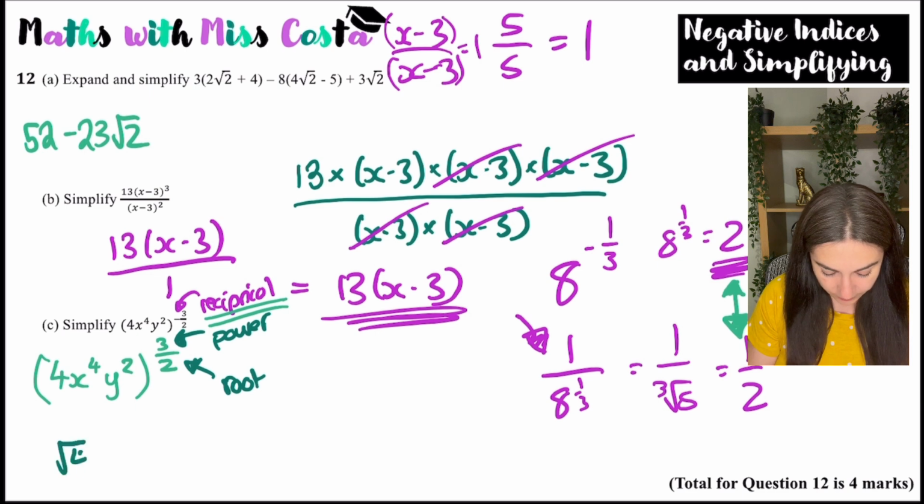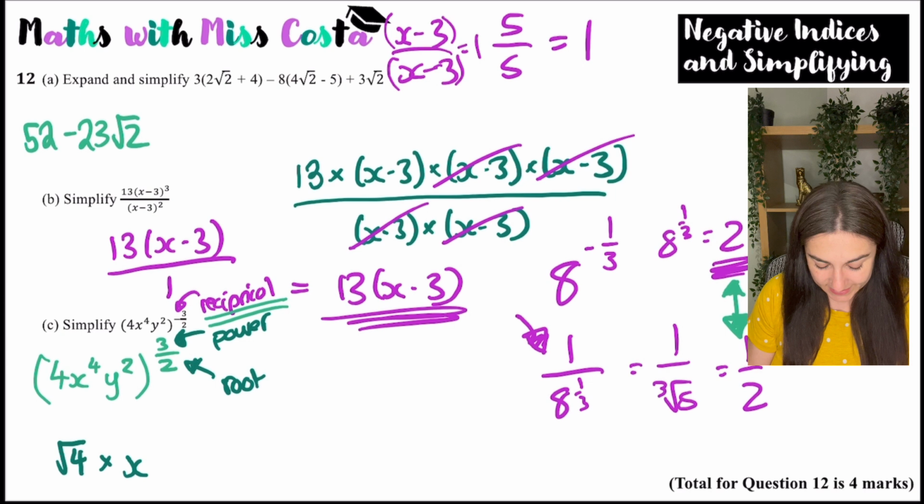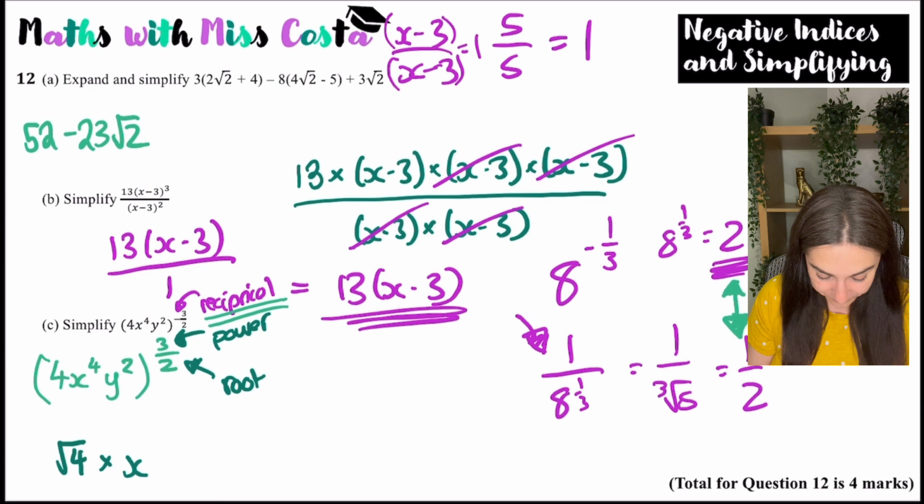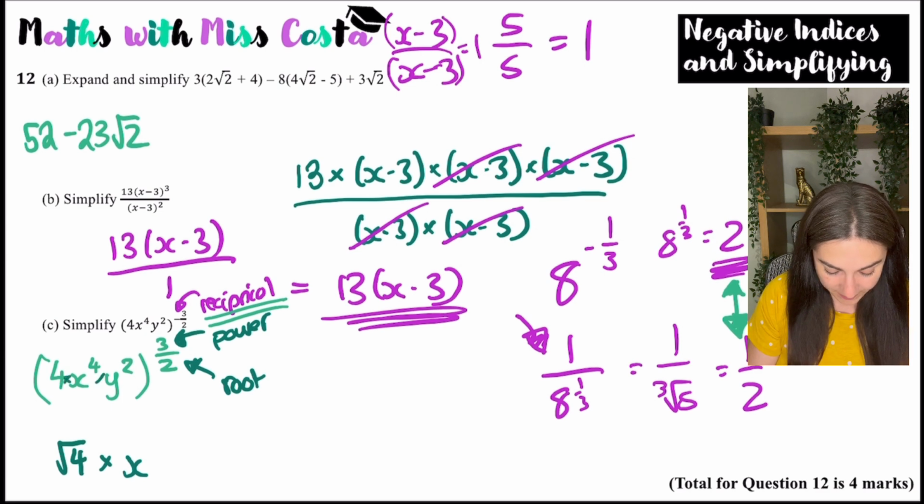So we've got the square root of 4 times by the square root of, okay, so basically, I think the easier way, yeah, so let's just do it all in one go. So split everything up, remember that it's being multiplied.